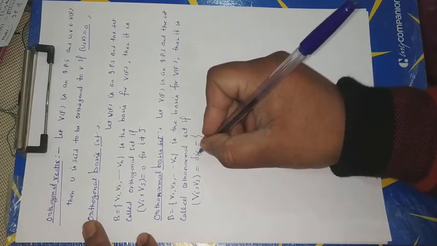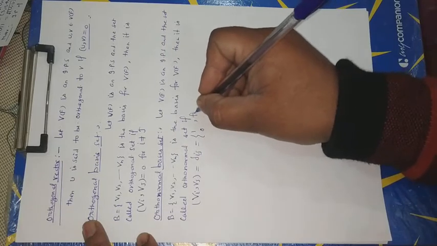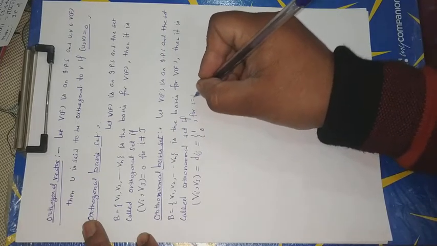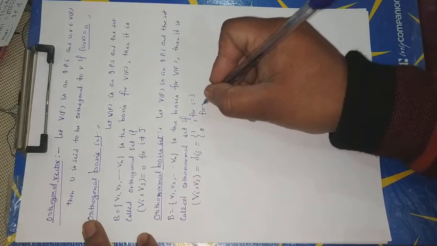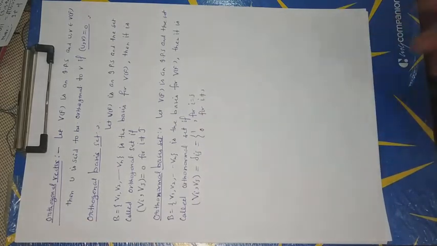The value of Kronecker delta Ij is equal to 1 or 0. The value is 1 when i is equal to j, or for i not equal to j, the value of Kronecker delta is always 0.